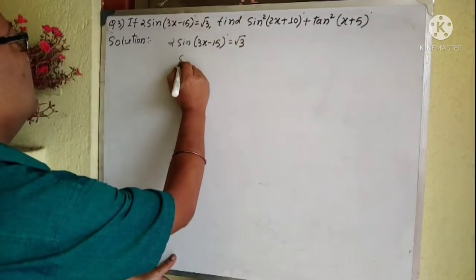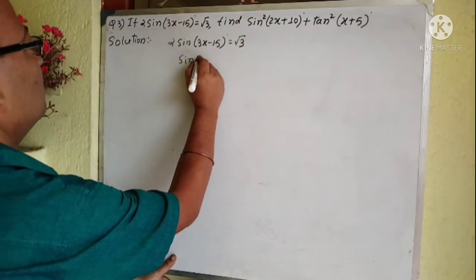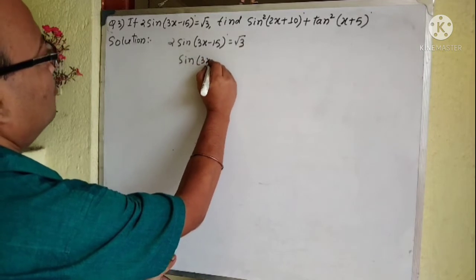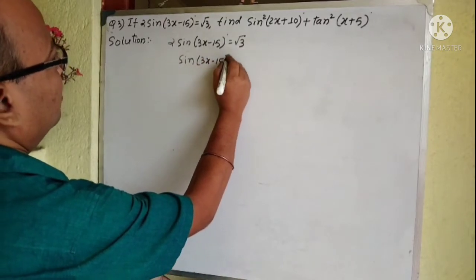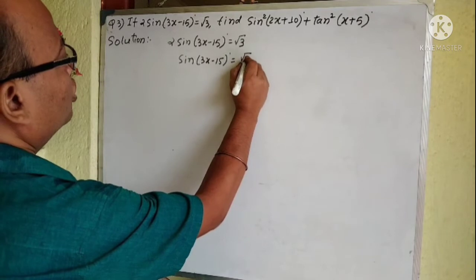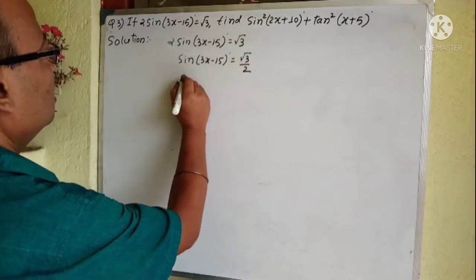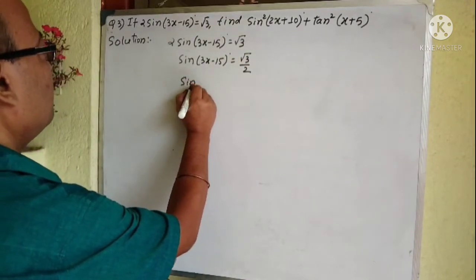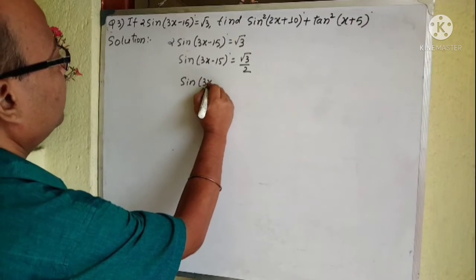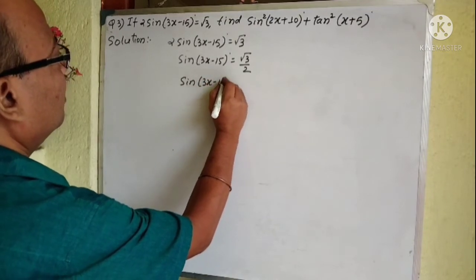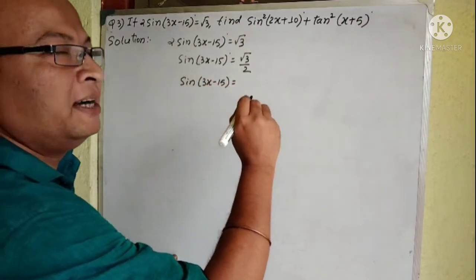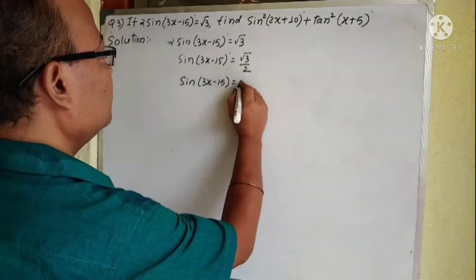So sine 3x minus 15 is equal to root 3 by 2, which is sine 60.